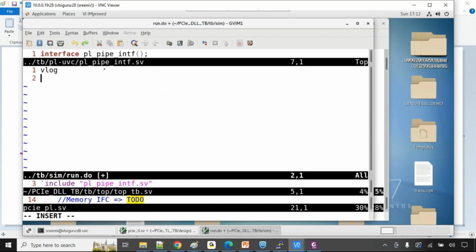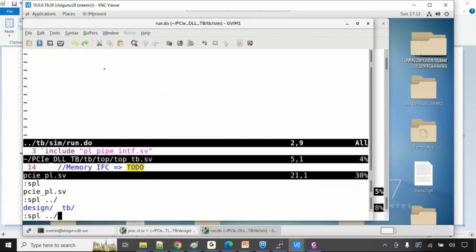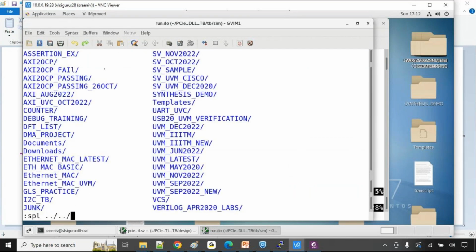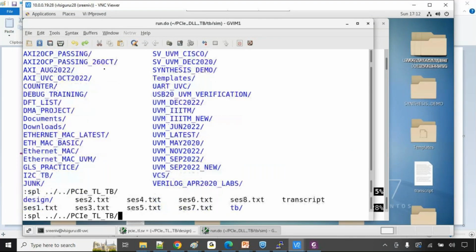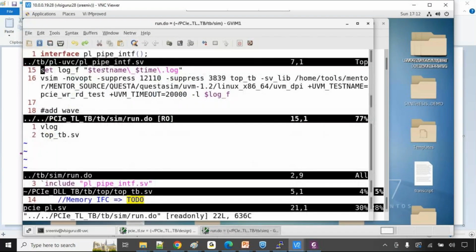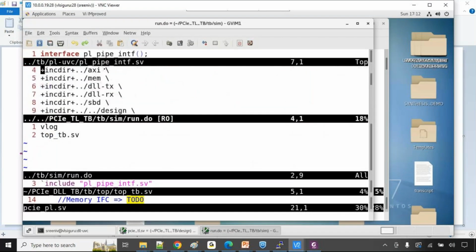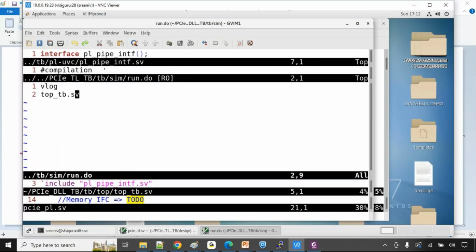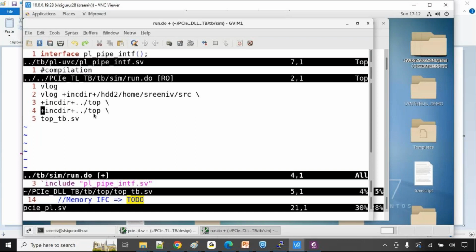What is it that I want to compile? Top tb.sv. Here we already have this project PCIe L TB, TB sim run.do. I'll just copy a lot of things from here. Top, I have to include, I'm including the UVM source code top.